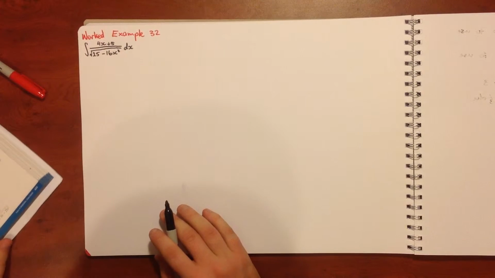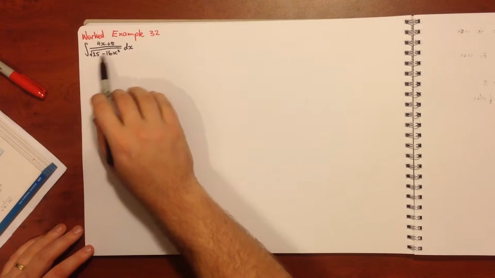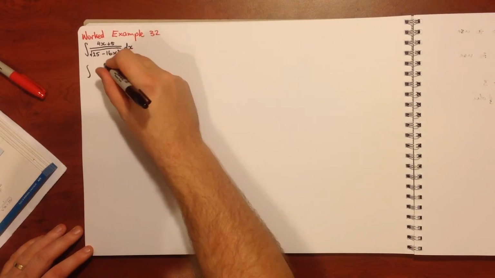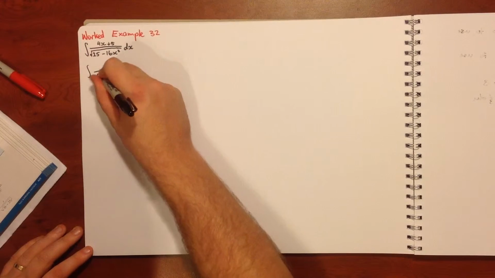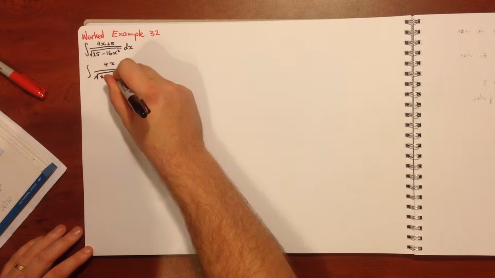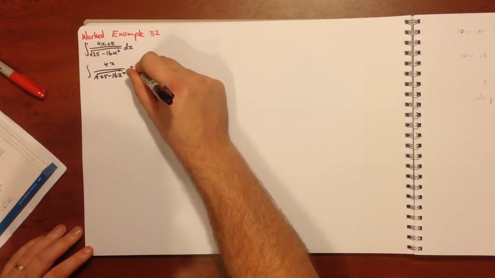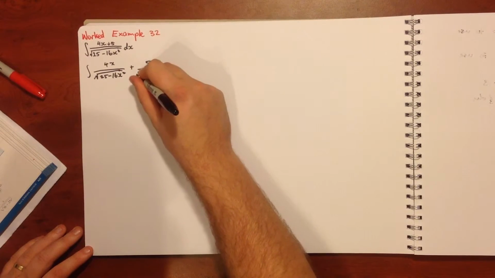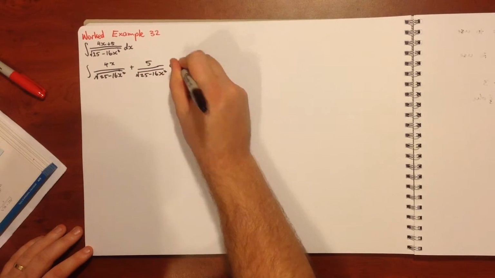two separate parts. Okay, so we want to find the integral of 4x plus 5 over the square root of 25 minus 16x squared. So what we're going to do there is actually think about splitting this fraction up and saying that we've got 4x over the square root of 25 minus 16x squared, plus 5 over the square root of 25 minus 16x squared dx.